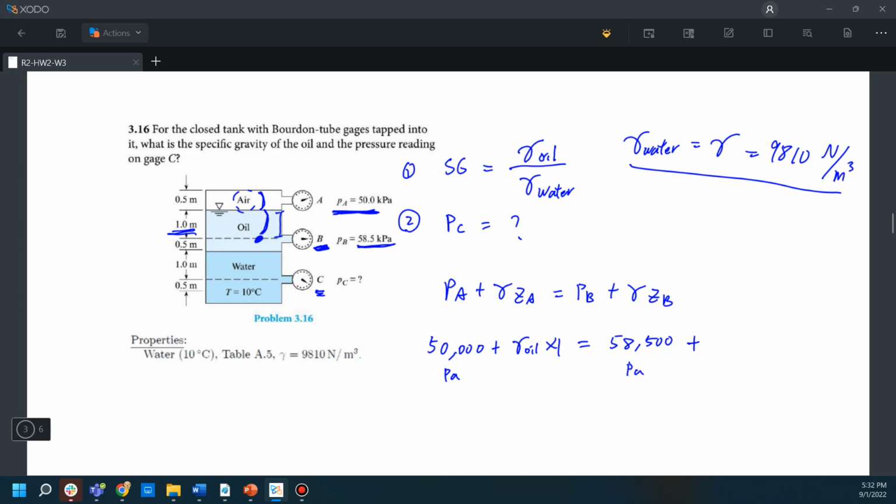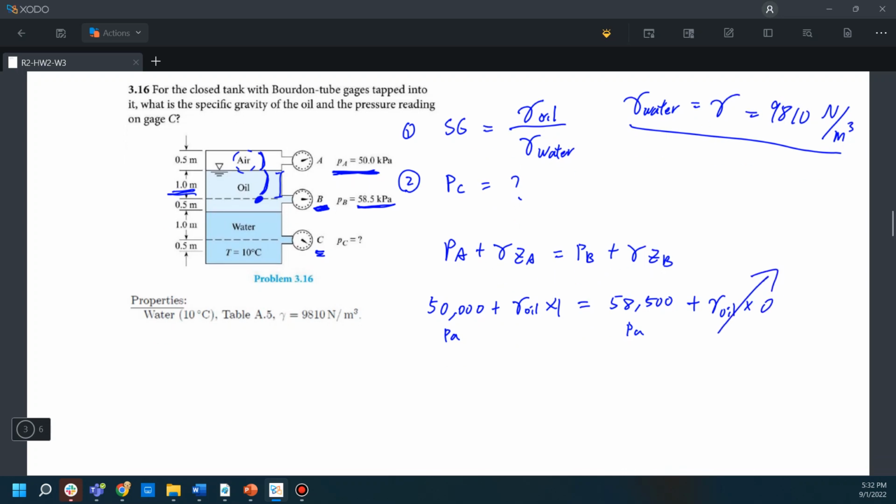Plus, because it's already on the bottom of this dash line, we have this oil but the height is 0, so we can just cancel out this term.